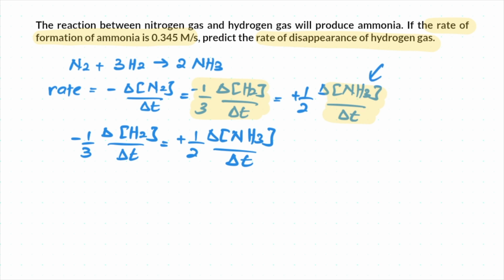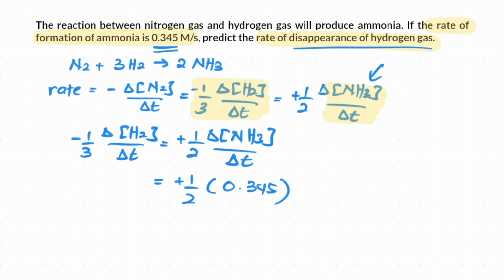Given to you here is 0.345 molar per second, so it's equivalent to 1 over 2 times 0.345.